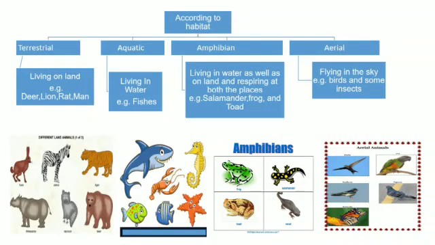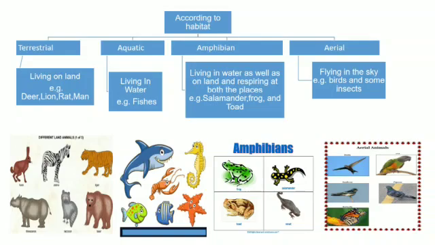Now let's know about animals according to their habitat. There are four types: terrestrial, aquatic, amphibian and aerial animals. Animals living on land are called terrestrial animals. Example, deer, lion, rat, man. Whereas animals living in water are called aquatic animals. For example, fishes.